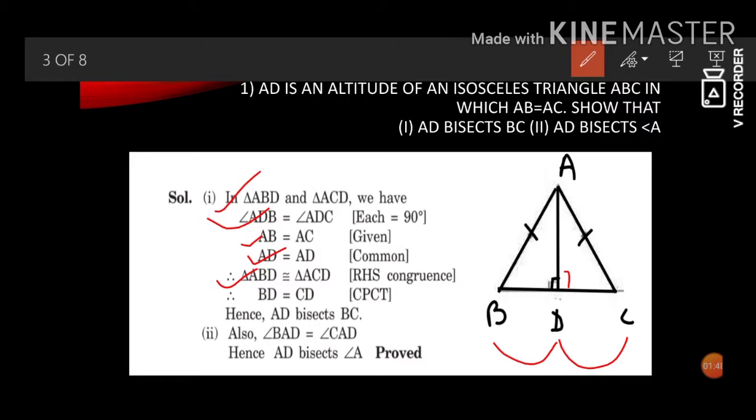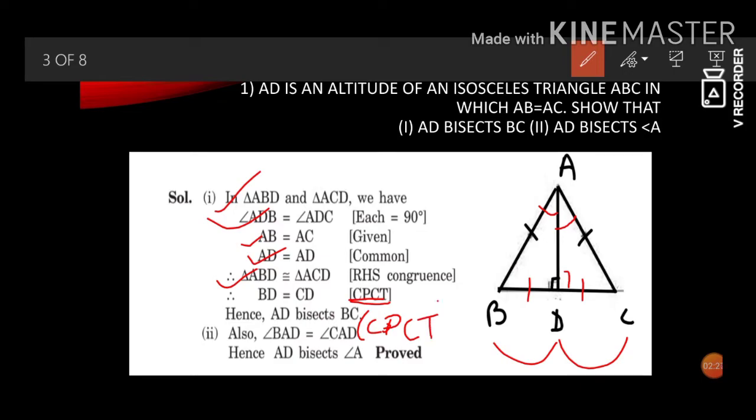Since the triangles are congruent, we can say BD and DC are equal by CPCT, that is, corresponding parts of congruent triangles. So we have proved AD bisects BC. Now we will prove AD bisects angle A. Since triangles ABD and ACD are congruent to each other, we can also say angle BAD and angle CAD are equal by CPCT.